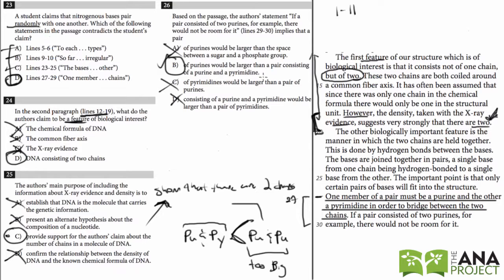So again, we're using the piece by piece method to read the passage in pieces and also answer the questions. Now, we don't necessarily have to do the questions in order. As you can see, I did questions 24 and 25 before I did 23 and 26.